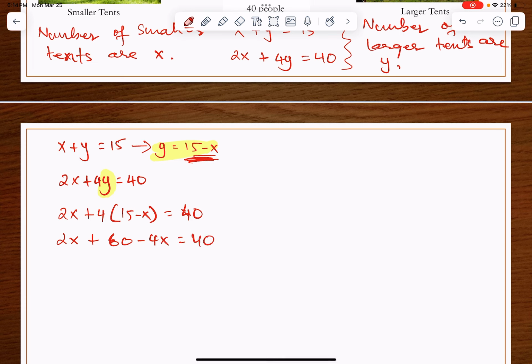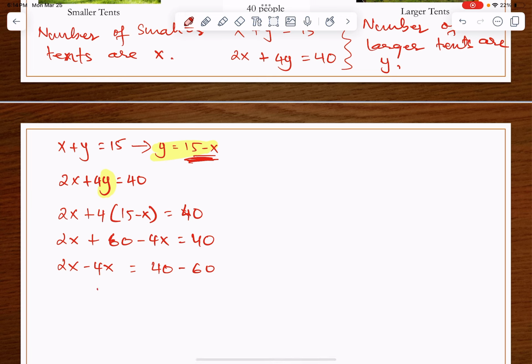Now group the like terms, 2x minus 4x, and move the terms without x to the other side, or just subtract 60 from both sides. So you get 40 minus 60. Directly you can just take 60 to the other side by changing the sign.